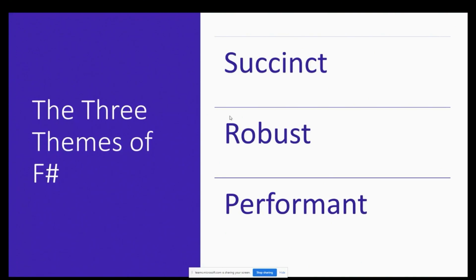We let the properties of the kind of programming you can do with F#, which includes functional programming and many other kinds of programming, even some of the things we've seen with Kathleen just now, draw out the themes: succinct, robust, and performant. And the themes of F# 6 are the same as the themes of F# have always been: succinct, robust, and performant.